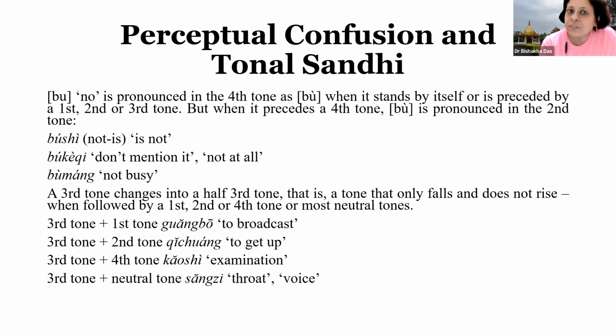Okay, bu is pronounced in the fourth tone as bu when it stands by itself or is preceded by first, second, or third tone. But when it precedes a fourth tone, bu is pronounced in the second tone. So, in other words, both fourth tones are not possible. So this is with bu.